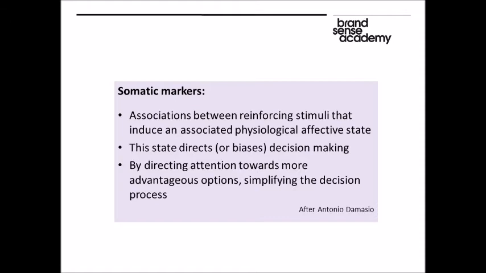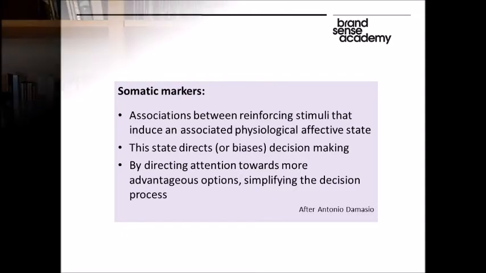So that the next time we're faced with a particular choice of behaviour, a decision making if you like, if that same sensory stimulus that's become associated with one particular outcome is also present, it very strongly biases our behaviour in that same direction. And the sensory stimuli are essentially called somatic markers.